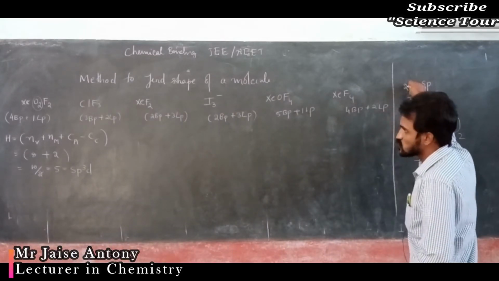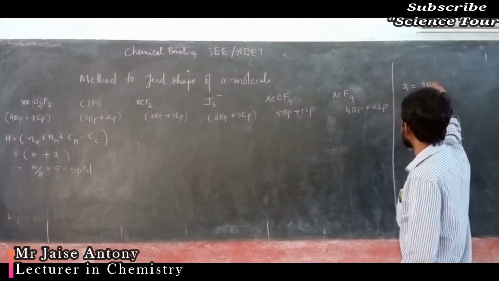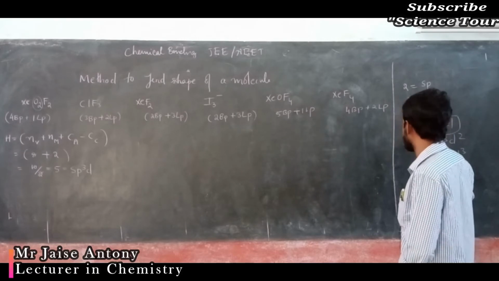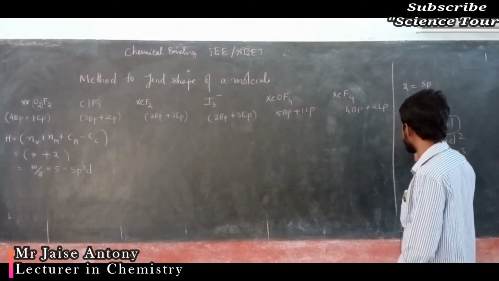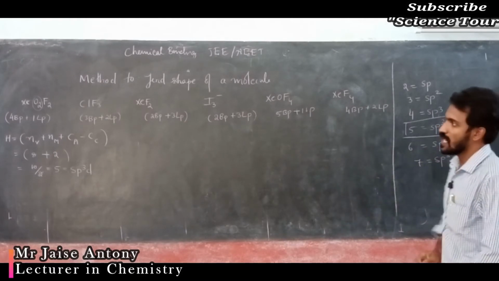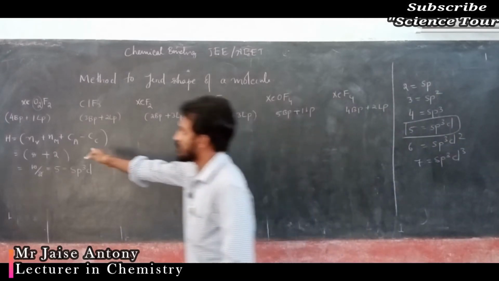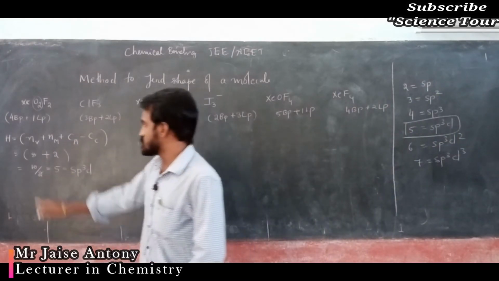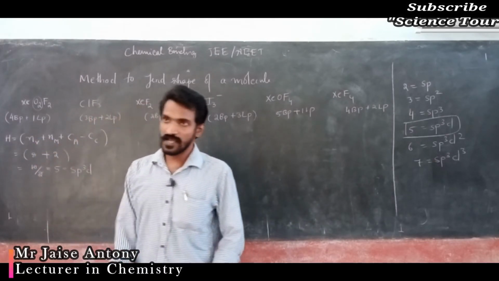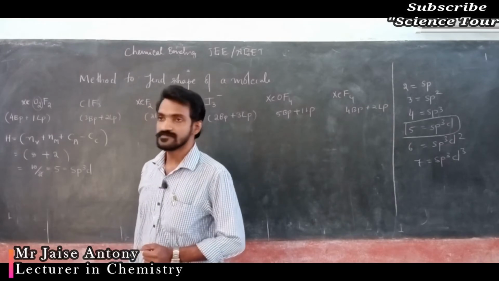If you are getting 2, that means sp hybridization. 3 means sp2 hybridization. 4 means sp3 hybridization. 5 means sp3d hybridization. 6 means sp3d2 hybridization. 7 means sp3d3 hybridization. By using this formula: number of valency electrons plus number of monovalent atoms plus charge on anion minus charge on cation.